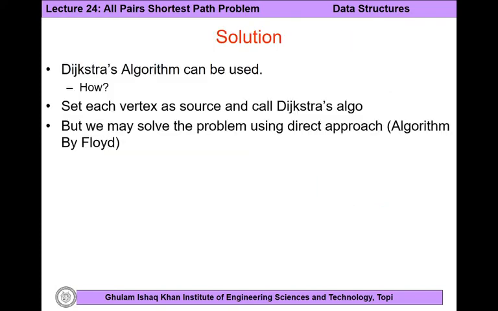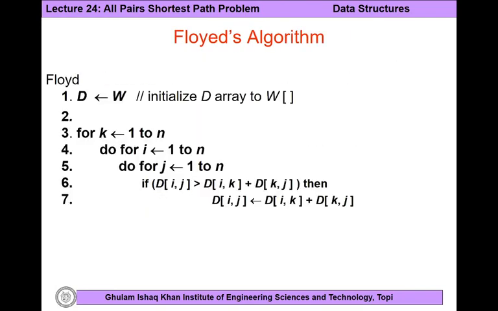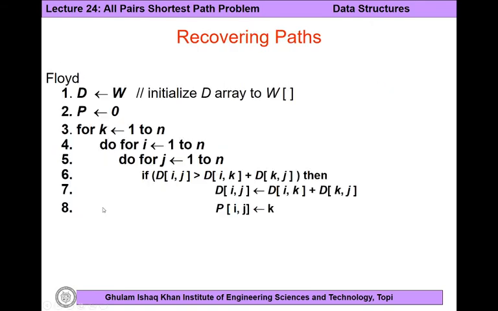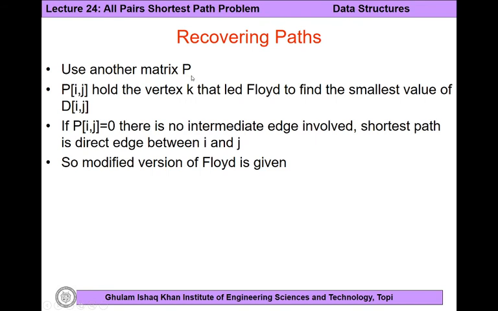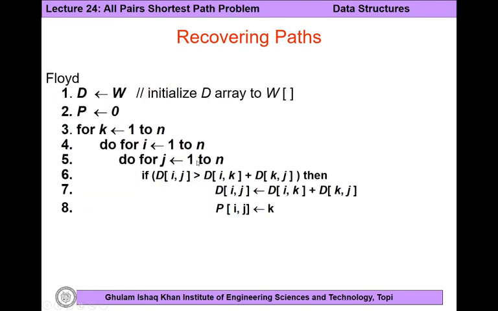Right. Now this pseudocode gets an addition of an extra matrix, which is called matrix P, basically the path matrix. So there is not a big change. You see the path matrix is initialized to 0.